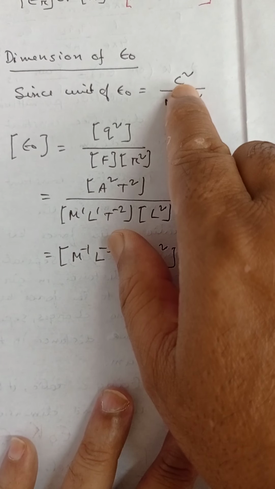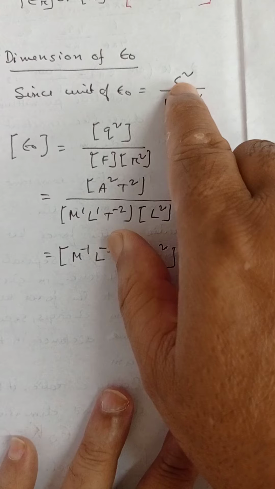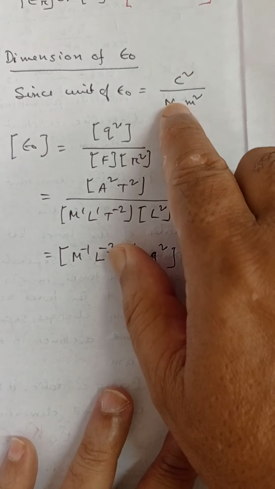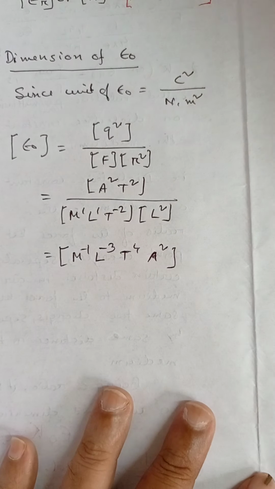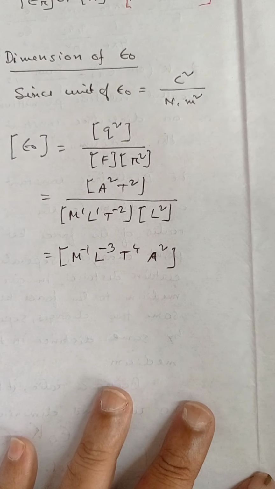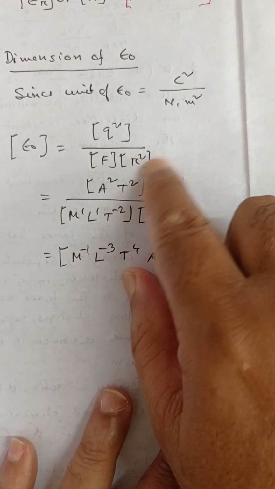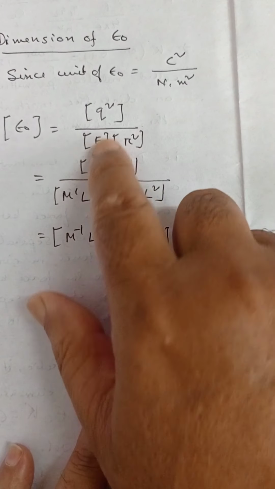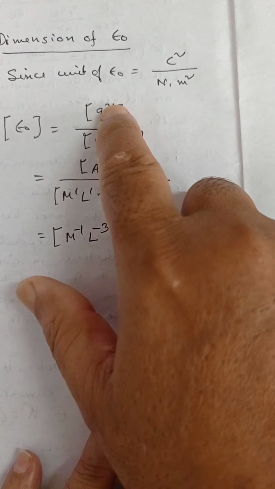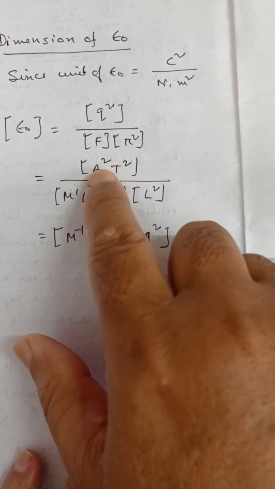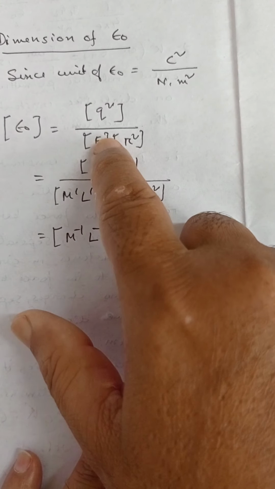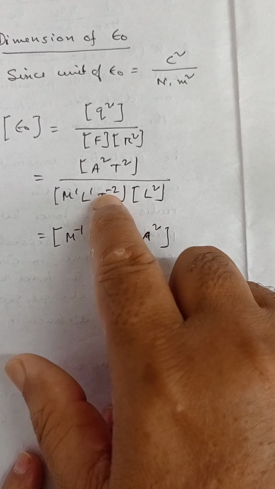Coulomb is the SI unit of charge, so Coulomb square is Q square. Newton is the SI unit of force, and meter square is the SI unit of distance squared. Therefore, Q square by F R square. The dimension of Q is A1 T1, so Q square means A2 T2. Force is M1 L1 T to the power minus 2.